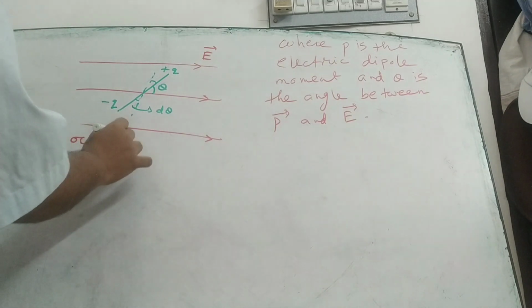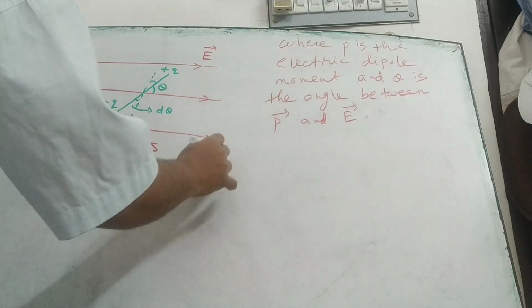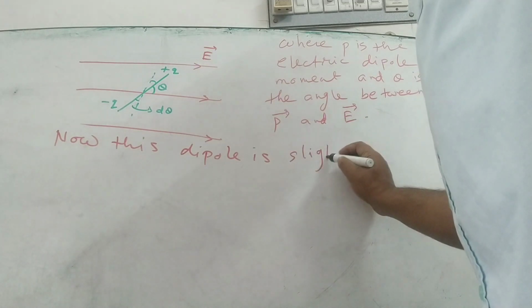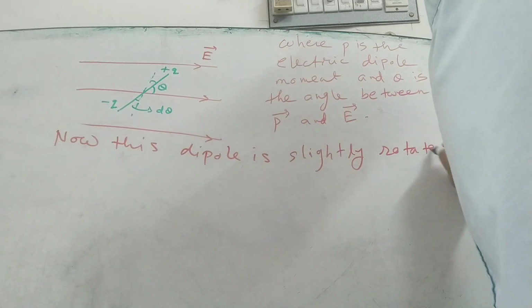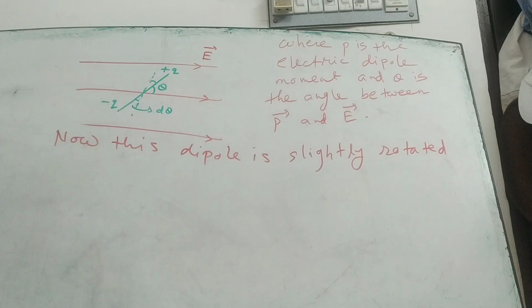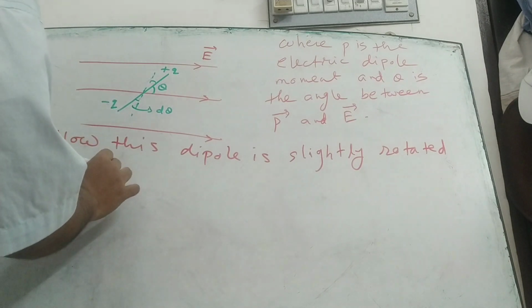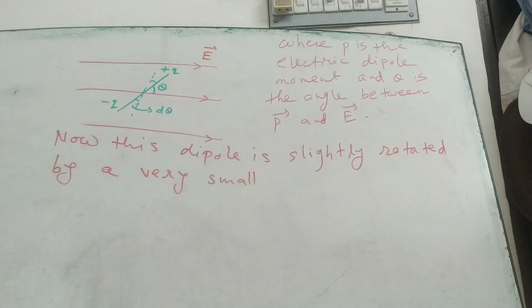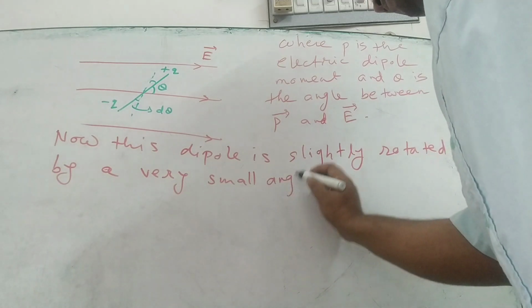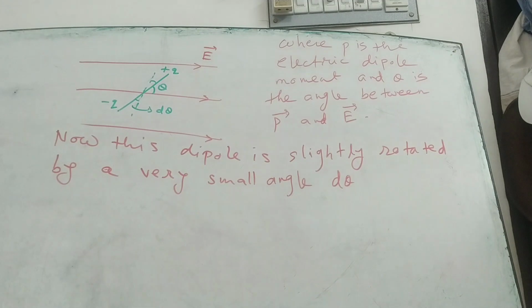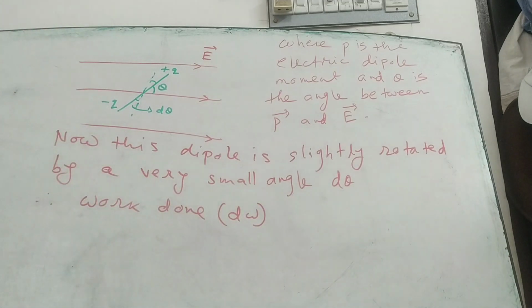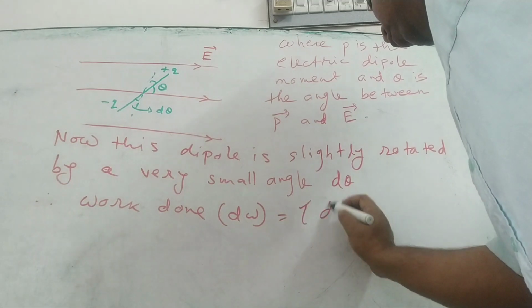Therefore, the work done dW is equal to tau into d theta.